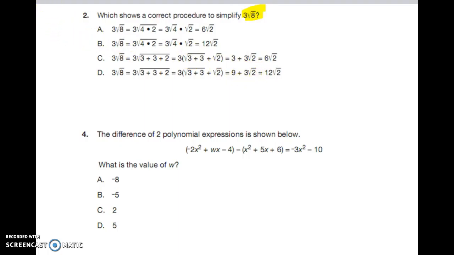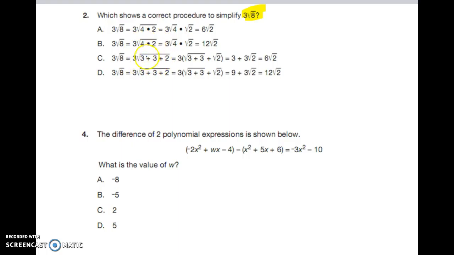If you'll notice, in all of these answers, in all of these processes, we start with 3 times the square root of 8. Then the next thing is we keep the 3 on the outside of the square root sign, which is perfectly valid, and then we break down the 8. And in the first 2, we have 4 times 2, so we make it a multiplication statement.